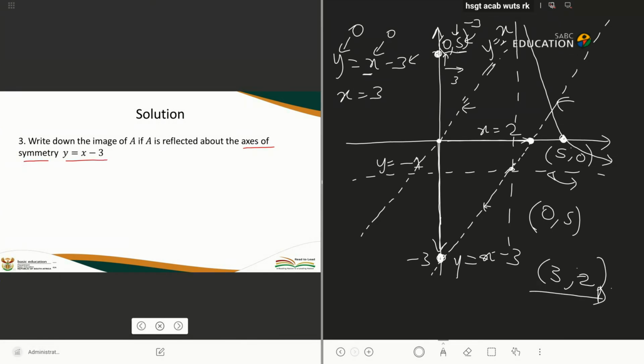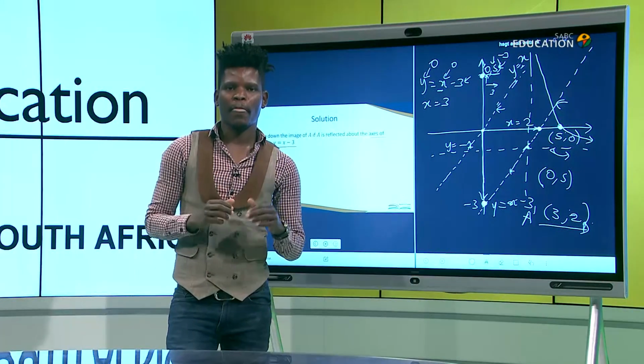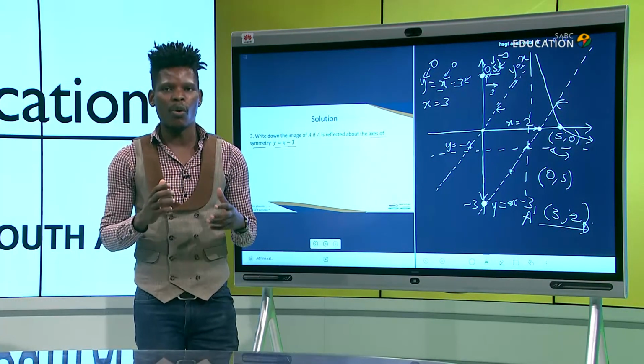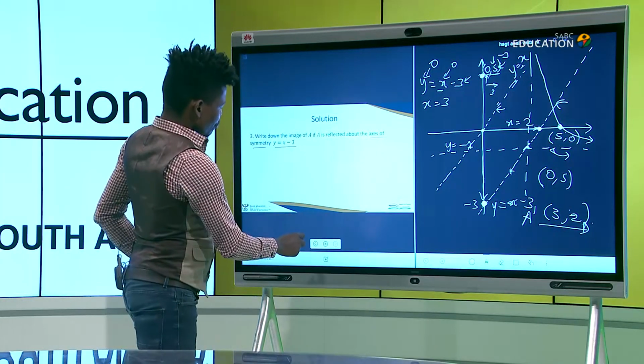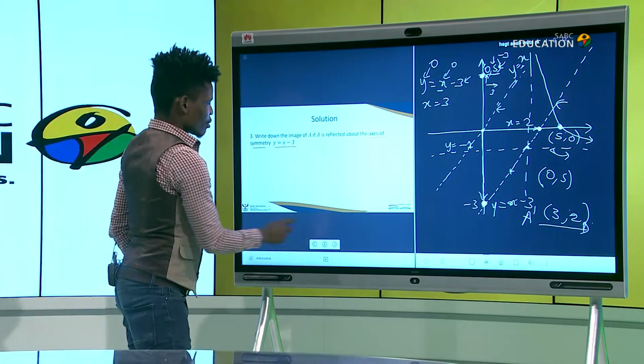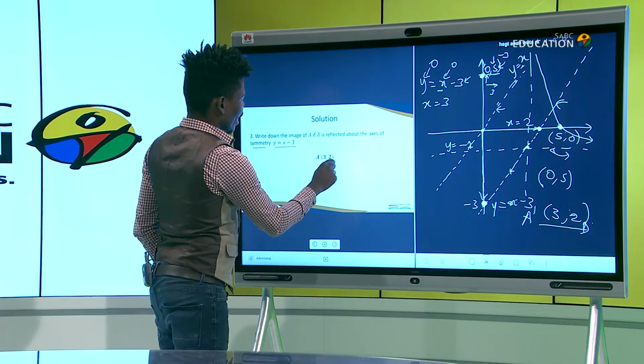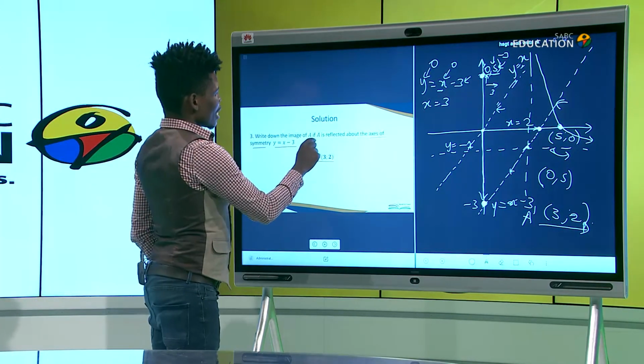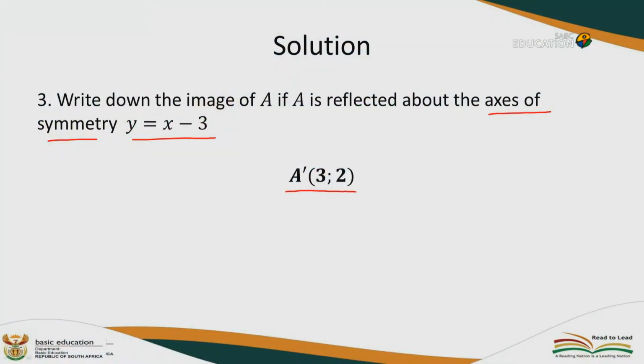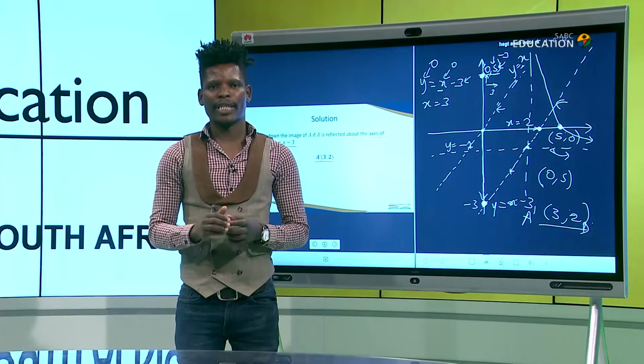So that will be the image of A reflected about the line y equal to x minus 3. I understand this was a bit of a trick question, so you needed to be smart about how you go about doing this question. So the solution: the image of A reflected about the axis of symmetry y equal to x minus 3 will be (3, 2). And that is basically all we have for today.